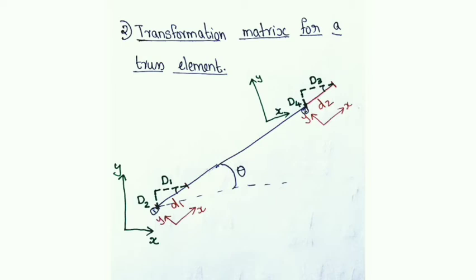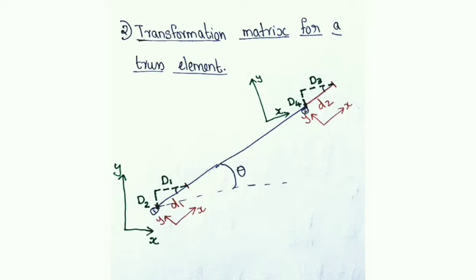Next is the derivation of transformation matrix T for a truss element. You know that transformation matrix T is used to transform local coordinates to global coordinates and vice versa. Here for this element 1, 2, at node 1, the local displacement is small d1, and capital D1 and capital D2 are its global counterparts.